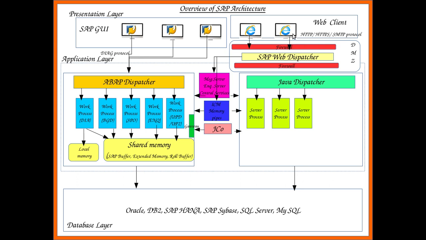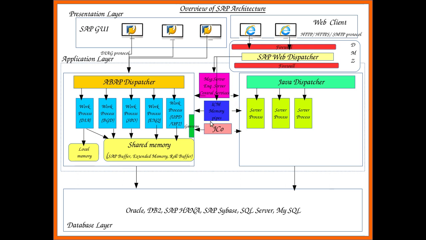Now if the Java server process wants to communicate with the SAP work process, then it uses SAP JCo, meaning Java Connector. SAP JCo is basically a middleware component that enables the development of SAP-compatible components and applications in Java.